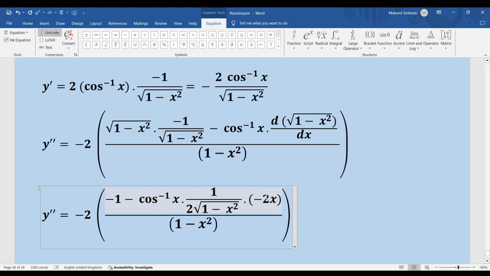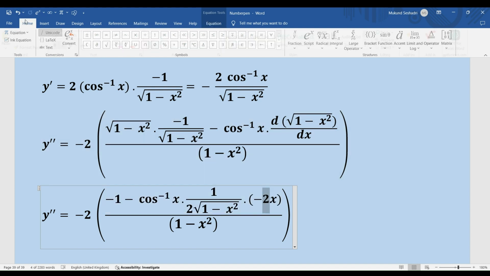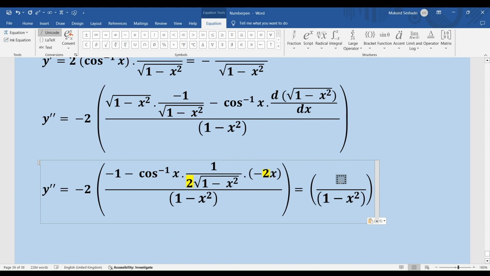Now I know that I can cancel out the 2 here. Let me highlight it in yellow. The first part of the numerator is a minus 1. And then in my second part, I have cancelled out my 2 and I have two negative signs.